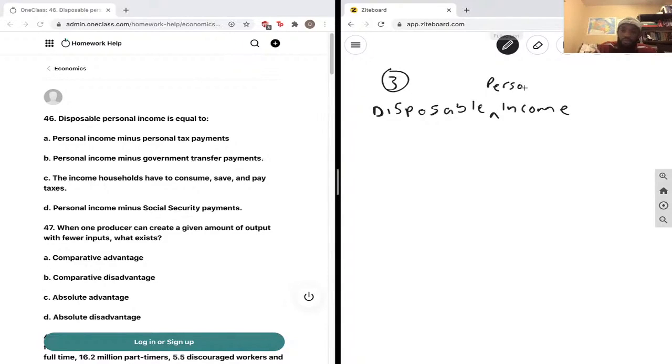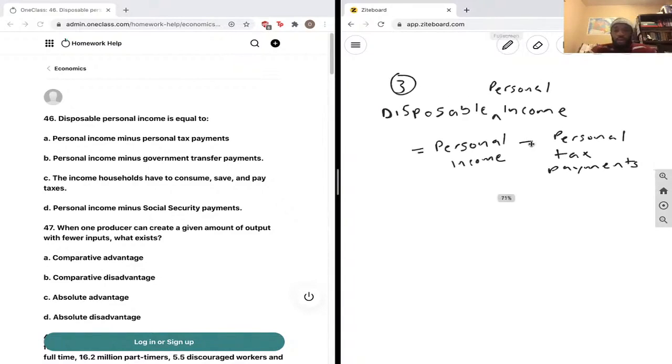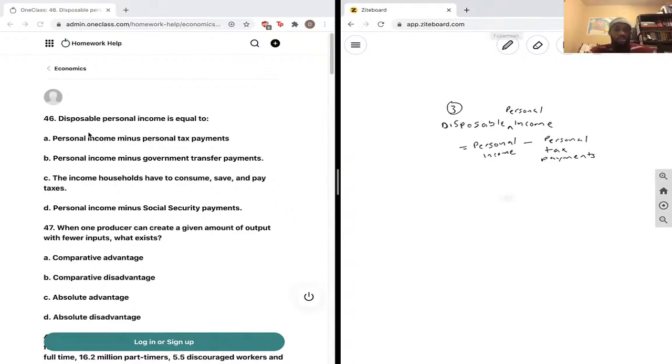Disposable personal income equals personal income minus personal tax payments. Probably didn't need to write that down because it's here. So anyways, disposable income is equal to disposable personal income, which is equal to personal income minus personal tax payments.